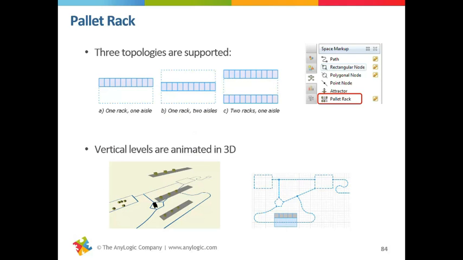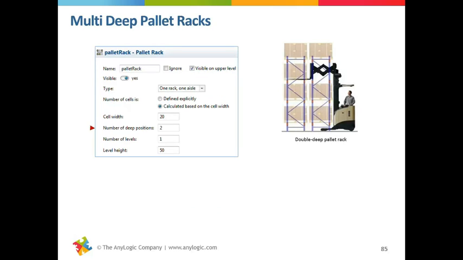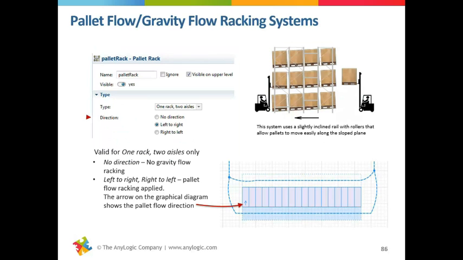And vertical levels are now animated in 3D. You can now create multi-deep pallet racks by specifying the number of positions deep. You can have gravity flow racks by specifying the direction of flow on the pallet rack.